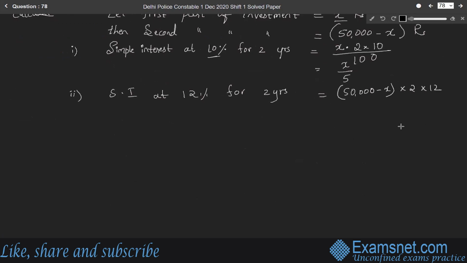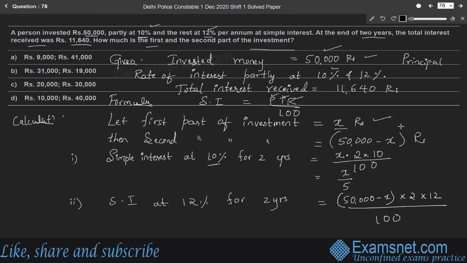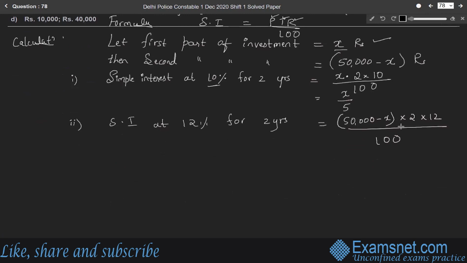Rate of interest is 12 divided by 100. According to the question, total interest received was 11,640, which is the sum of simple interest at 10% and simple interest at 12%. Therefore, simple interest at 10% plus simple interest at 12% gives total interest.